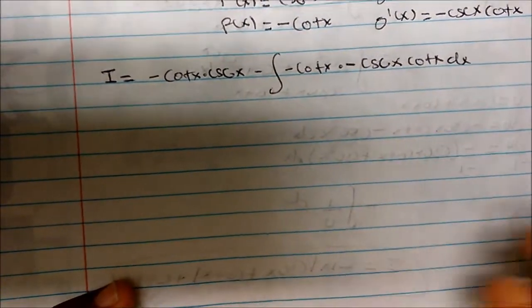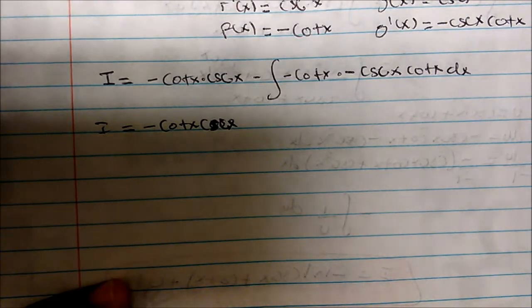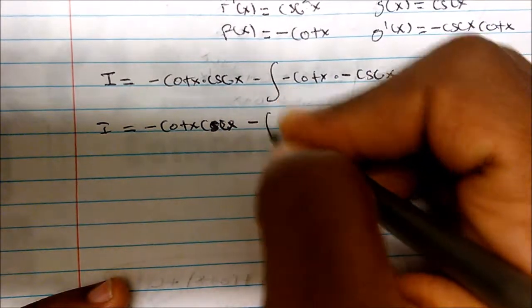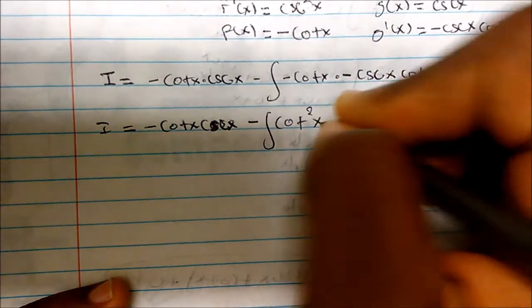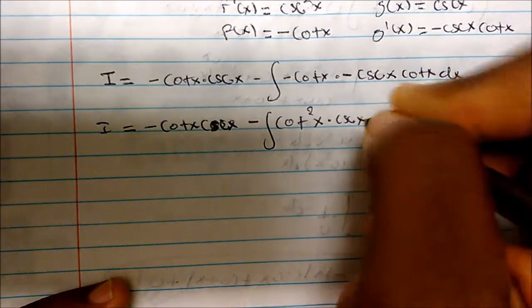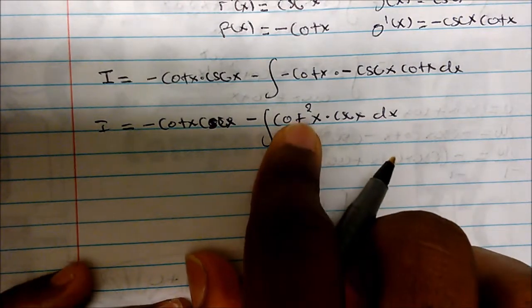That's an odd number of negatives, which means that eventually I'm going to get a negative. So my integral is given by negative cotangent of x, cosecant of x, minus the integral of, I have two cotangents here, so this is cotangent squared of x multiplied by cosecant of x dx. Okay, well, for this one I have an identity very similar to secant.